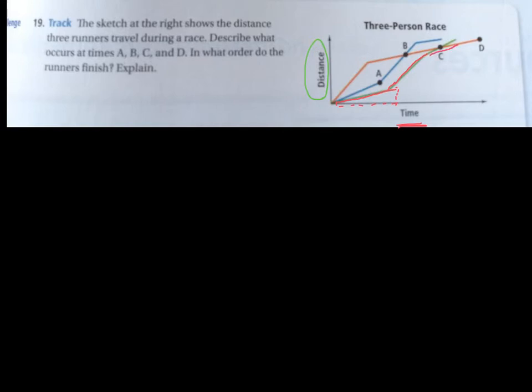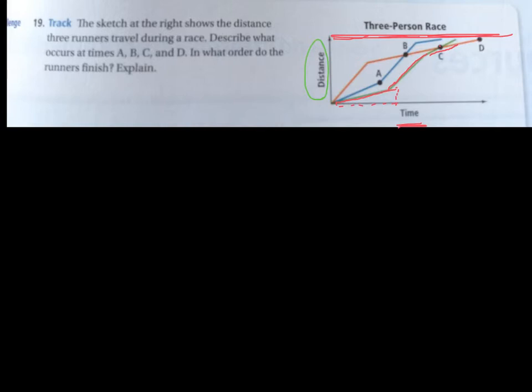And it intersects with the red runner at this point. What does that mean? They've now gone the same distance, so green has caught up to red, and it passed red, right? This distance up here is like the finish line. None of them go past that.